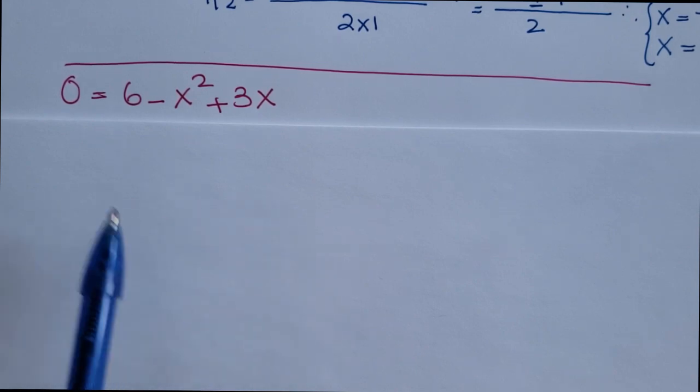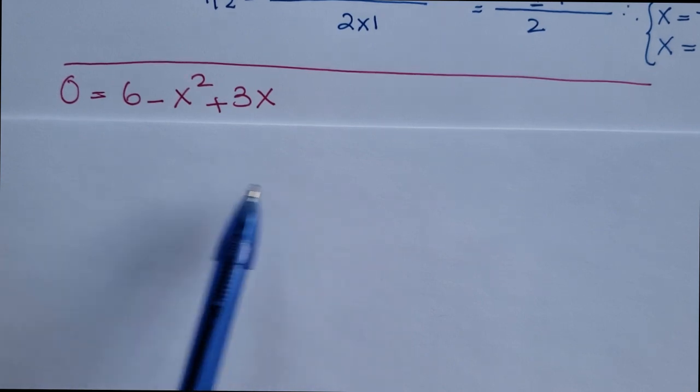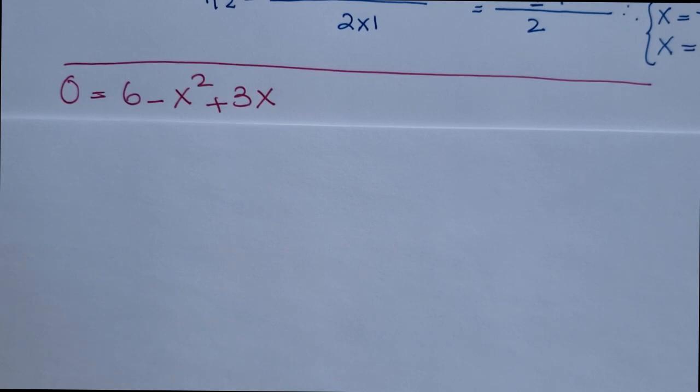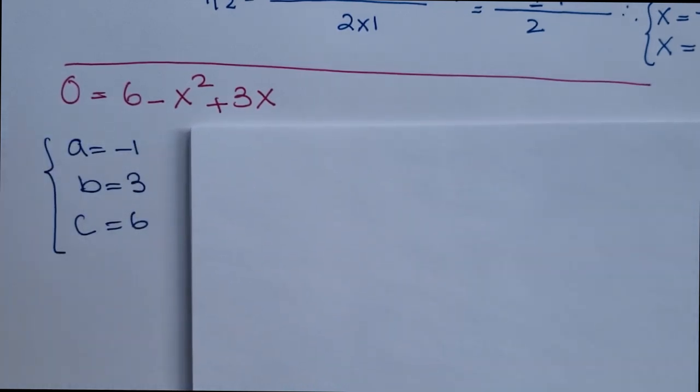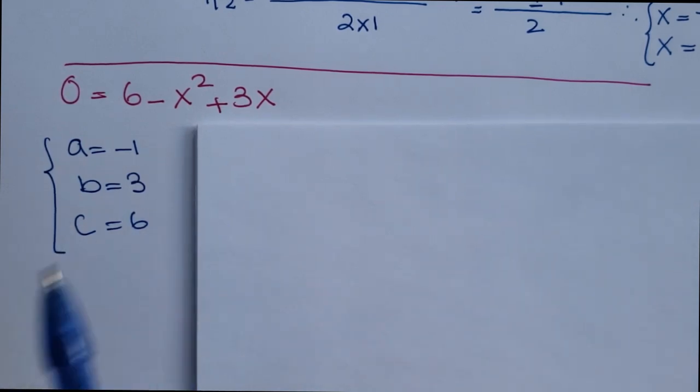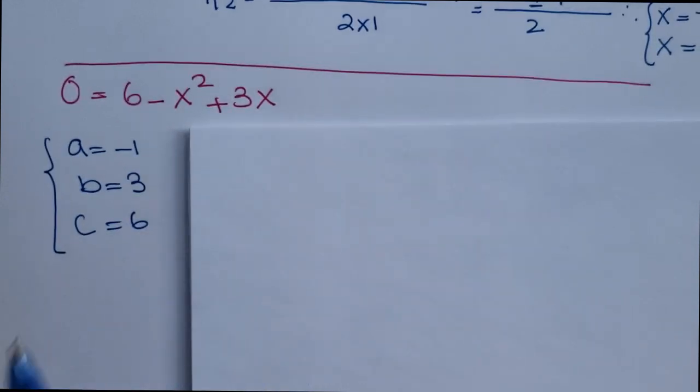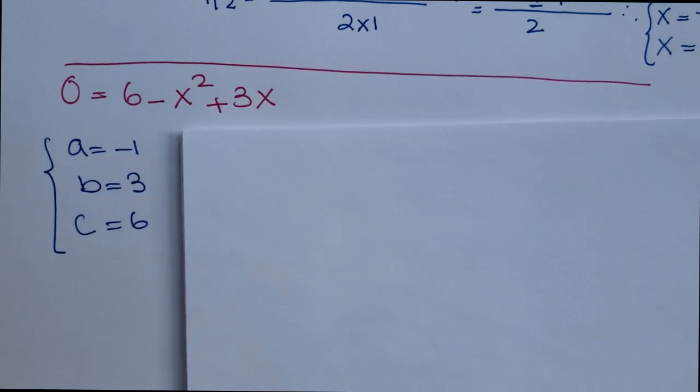So you have to pay attention when identifying the a, b, c to substitute in the formula. So the first thing would be identifying a, b, c. Remember, a is always the coefficient of x to the power 2, which is -1. b is always the coefficient of x, which is 3. And c is always the constant, which is 6.